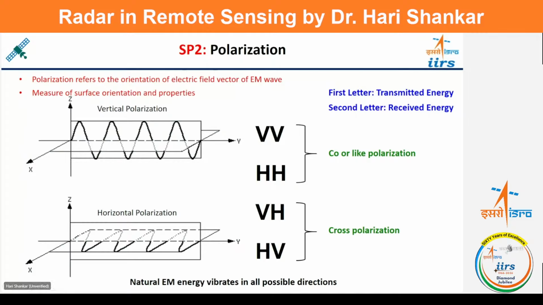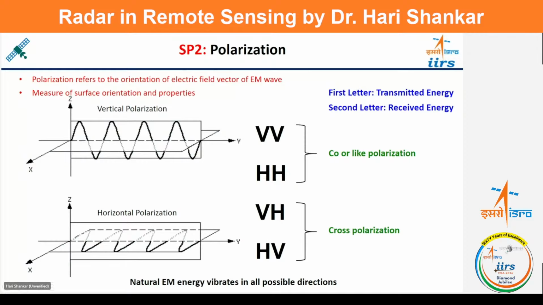The first letter indicates the polarization of the transmitted signal, and the second letter denotes the polarization of the received signal. So if we say HV polarization, it means horizontally plane polarized radiation was transmitted, and vertically plane polarized radiation was received.